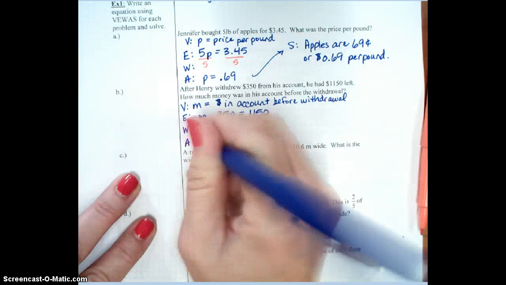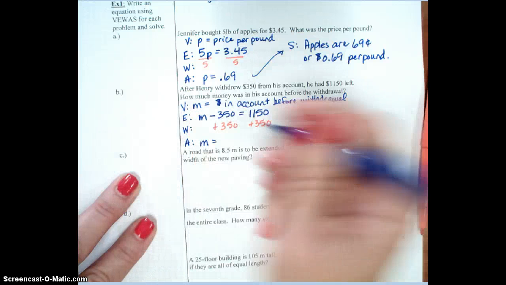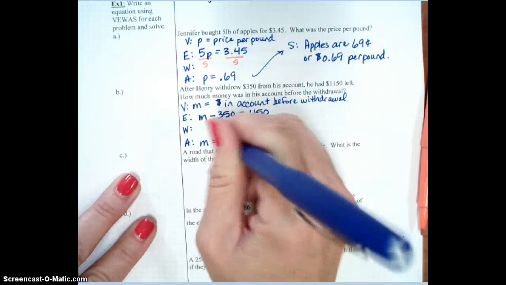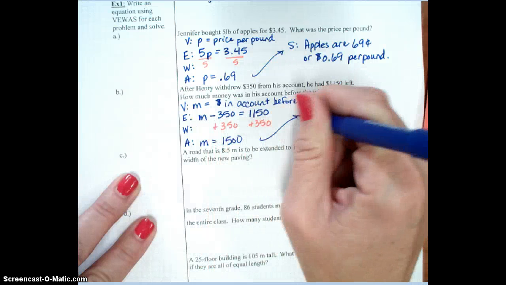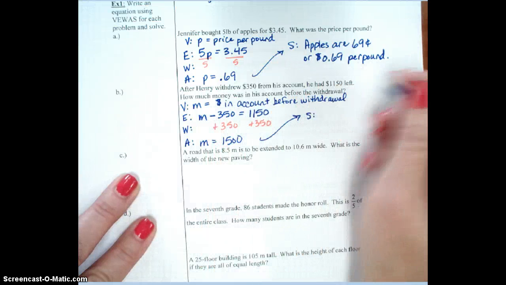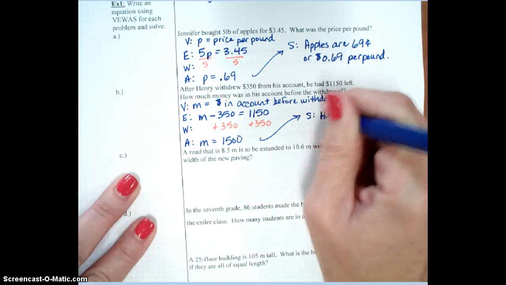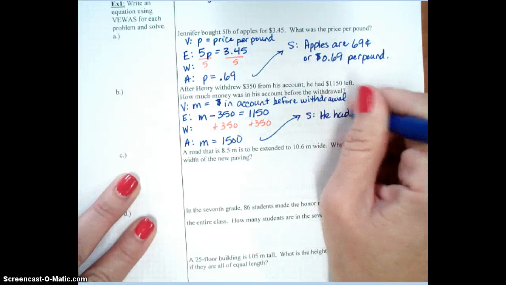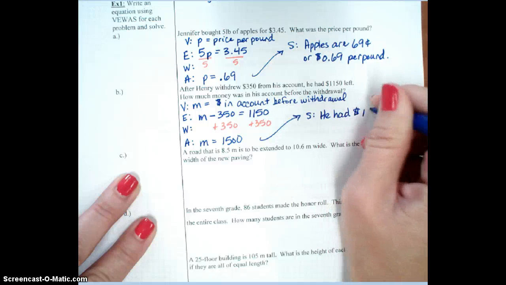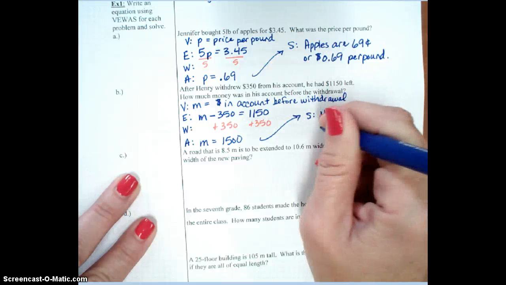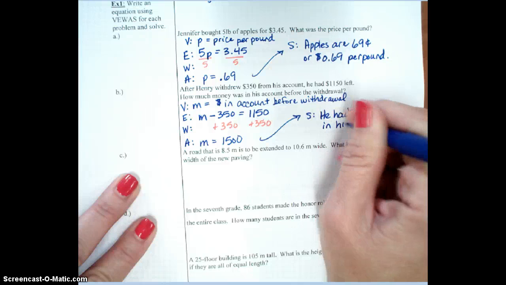And then the answer I get for M is 1,500. So now I want to go ahead and make sure I'm answering the question and say he had $1,500 in his account.